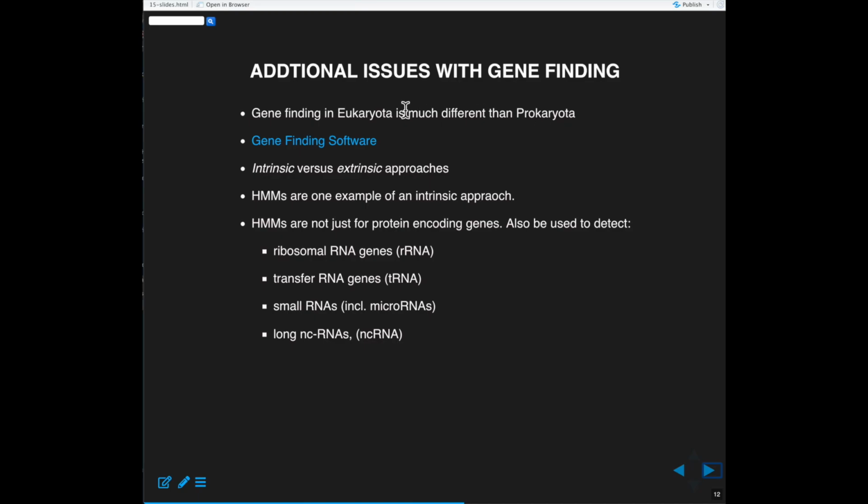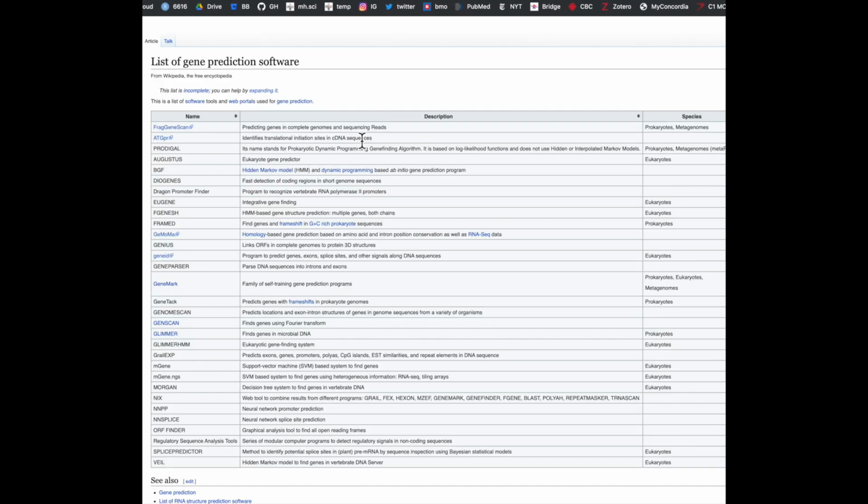I can show you some of the gene finding software that's out there. This is from Wikipedia. It's not a bad list, actually. If you go through this, you'll notice that roughly speaking, you're either a eukaryotic or a prokaryotic gene finder. You're not both. There are some exceptions, GeneMark, for example. You'll see there's a lot that are, in fact, based on hidden Markov models, BGF, FGenesh.